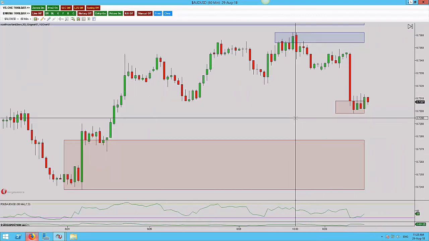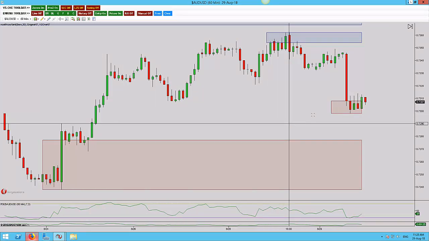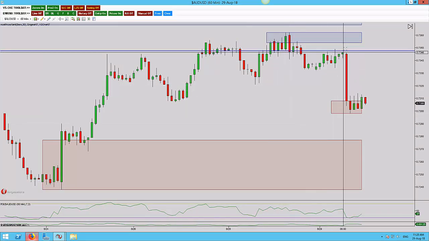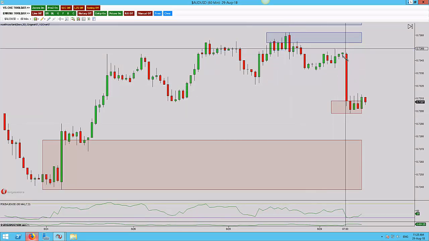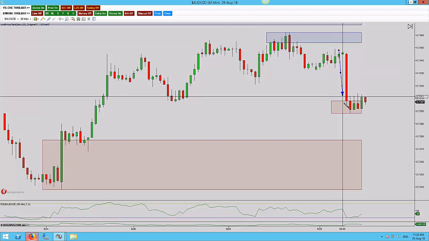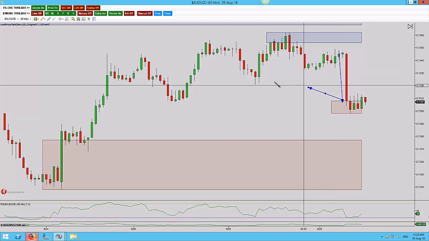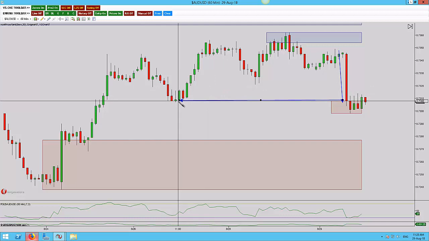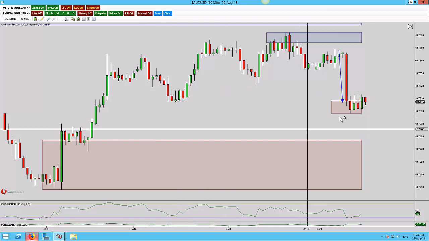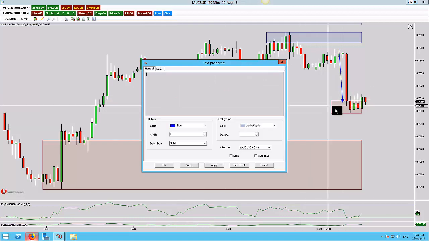So let's drop down to our 60, and you can see what we've done here is we've had a very bearish candle. I call this a momentum move, and quite importantly we've violated this structure level and this structure level here. Now we don't have a 3-point move, so this is an initial structure low.